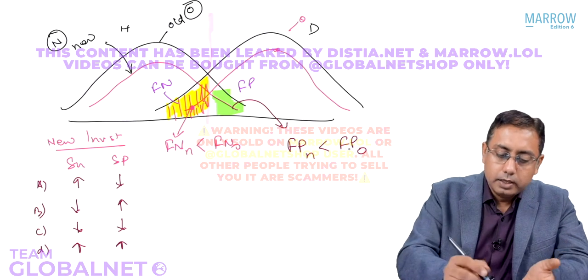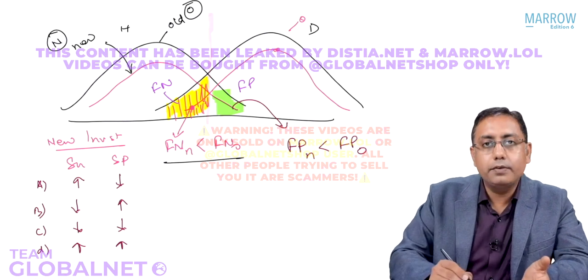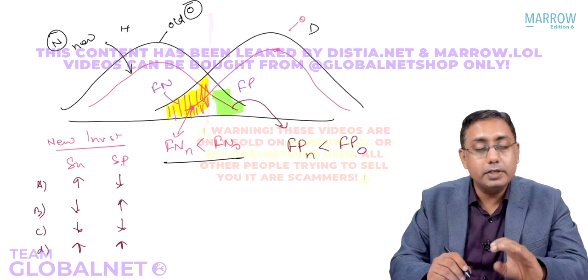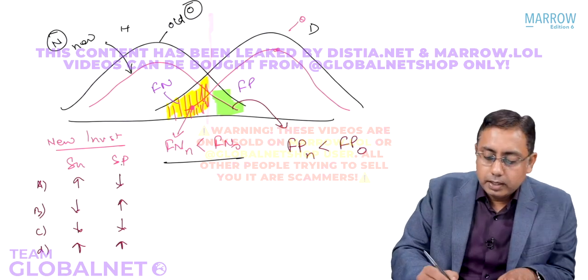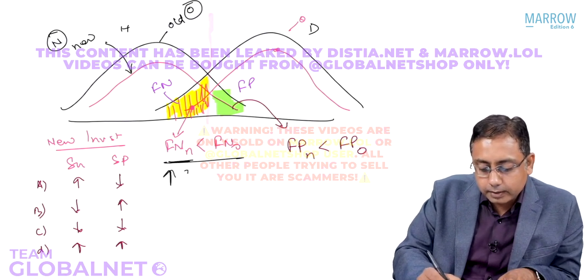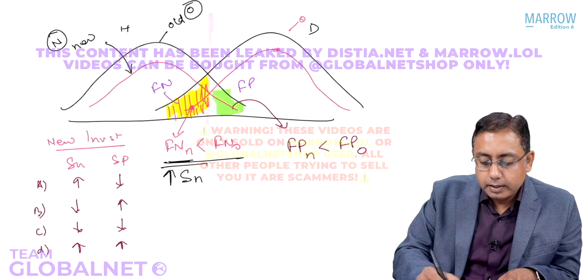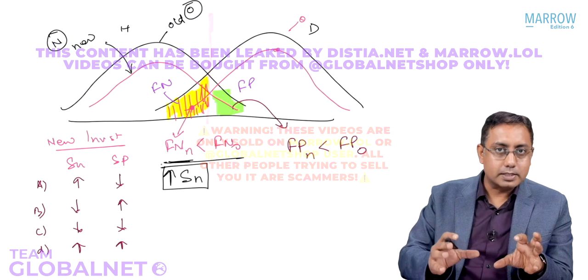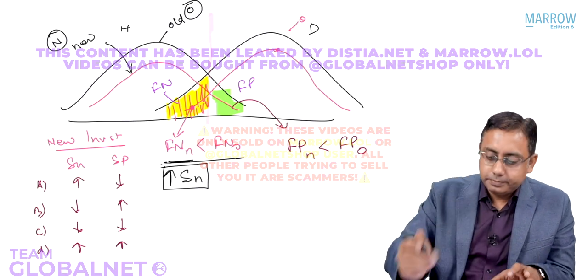If you understand this, you already know what false negativity is. False negativity is the inverse of sensitivity. So if false negative in the new test is less, that means it will have a high sensitivity. Are we getting it? In the new test, the false negative was lower than the old test. So that means the sensitivity is higher.